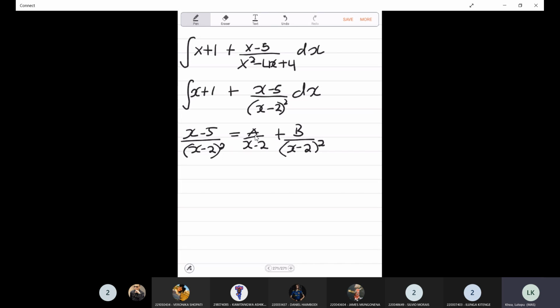Then we would combine these two. So you have a times x minus 2 plus b is equal to the numerator that you have here, which is x minus 5.